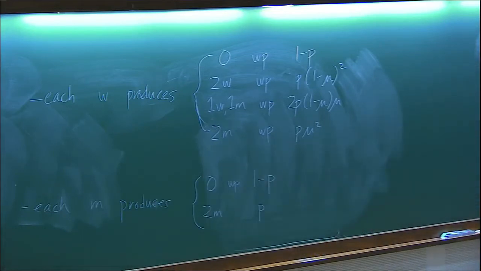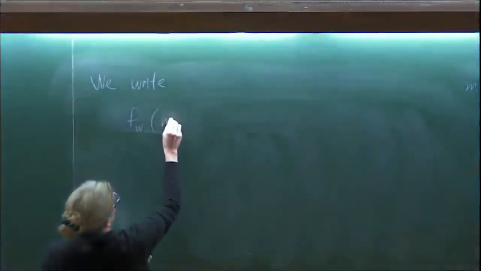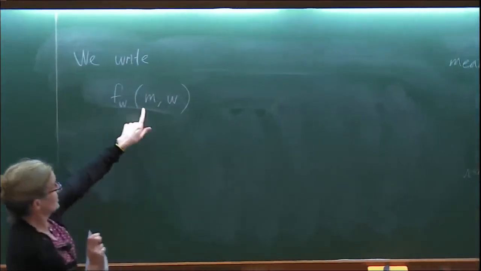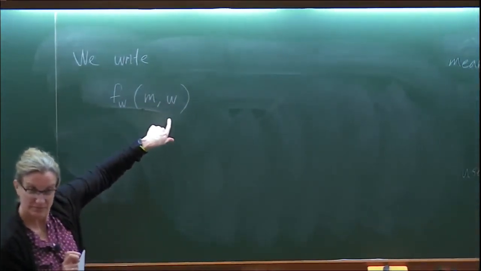So the way that we set up a multi-type probability generating function, it seems a little head scratchy at first, but then once you see it, it makes sense. We have to write a probability generating function for each type. So we do F of the wild type, and it will be a function of 2 dummy variables, right?